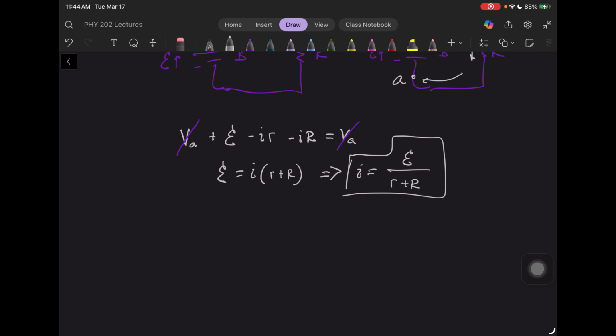And so this is discharging a battery with an internal resistance.